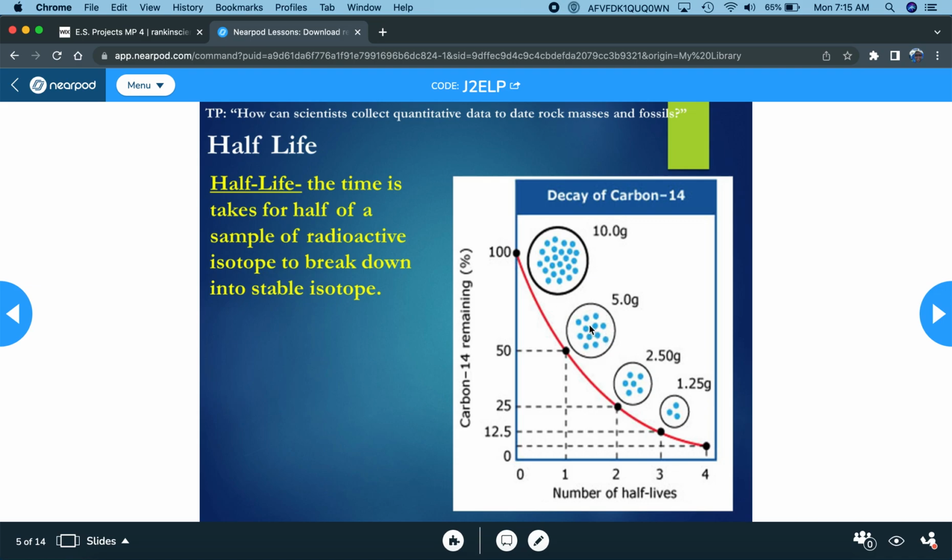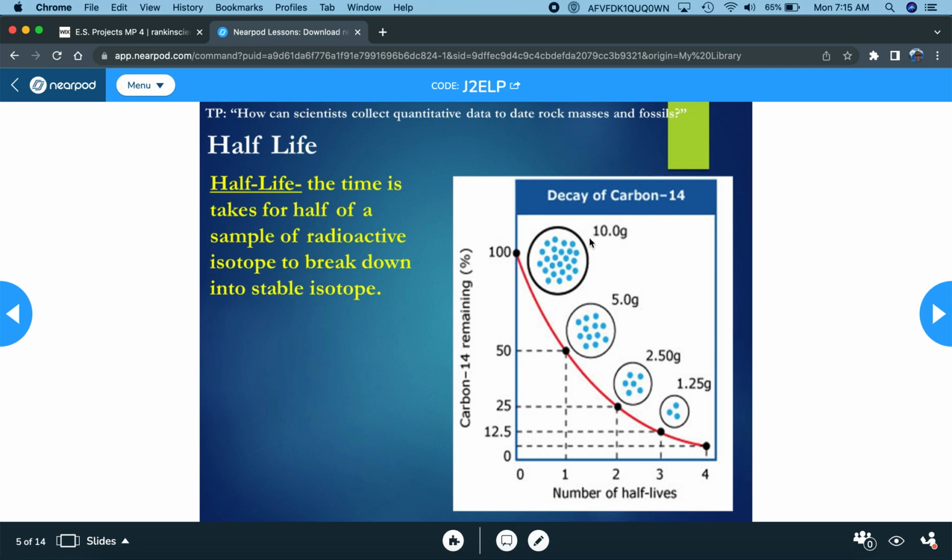That means the remaining 50% that's not there anymore is now in the new stable product. 50% decayed plus 50% for the decayed product will give you the 100% that you started off with. Right? Half-life 2, as an example, now you have 25% remaining as unstable, and you have 75% that has become stable, right? And 25 and 75 will give you 100%.